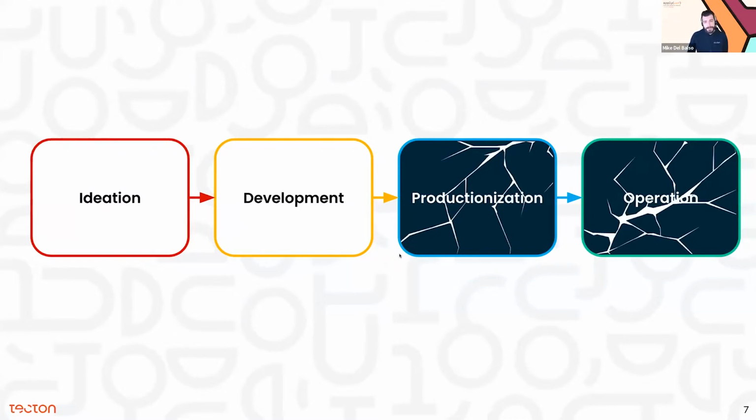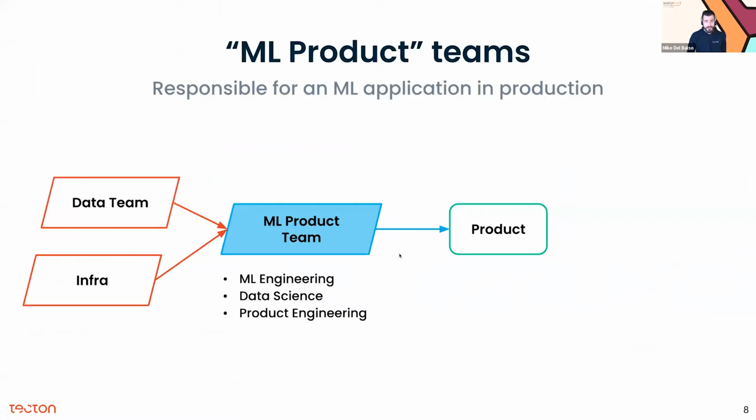Who are these teams? Machine learning teams, this is you, right? You may be in one of these two teams. I'm going to highlight two types of teams. The first is an ML product team. This is someone responsible for building the end ML application. Think about a fraud team, a recommendation team, a pricing team.